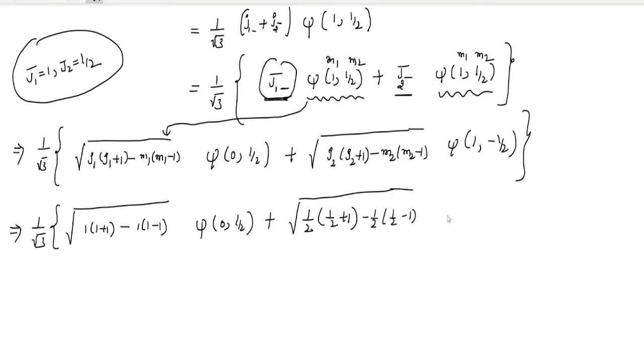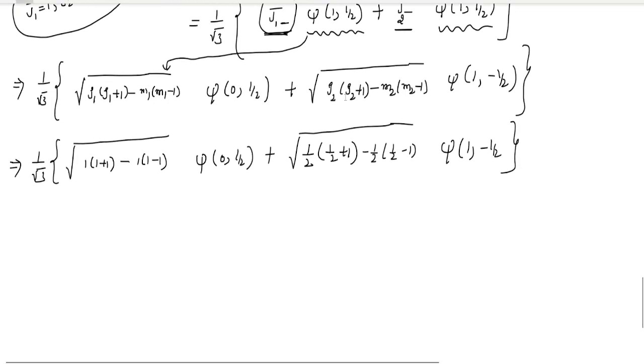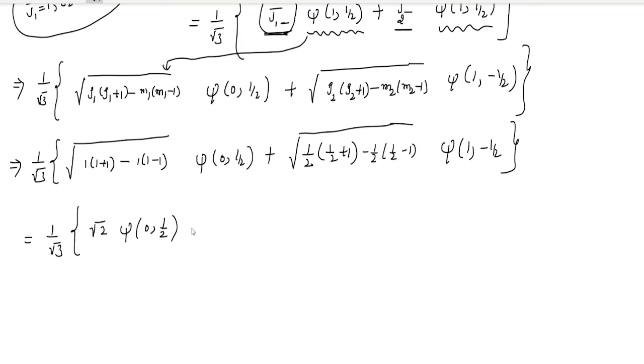Wave function psi 1 minus 1 divided by 2. So 1 divided by root 3. This is root 2, wave function psi 0, 1 divided by 2, plus this is root 1, wave function psi 1 minus 1 divided by 2.